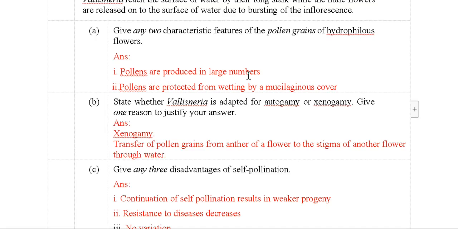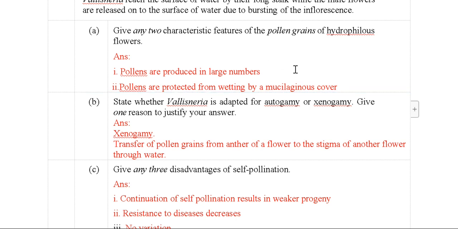First, pollens are produced in large numbers. Huge numbers of pollens are formed, which is economically not suitable for the plant body. But now we are not discussing advantage or disadvantage; we are discussing the characteristic feature. So this is one feature of the pollen grain. Another feature is that pollens are protected from wetting.